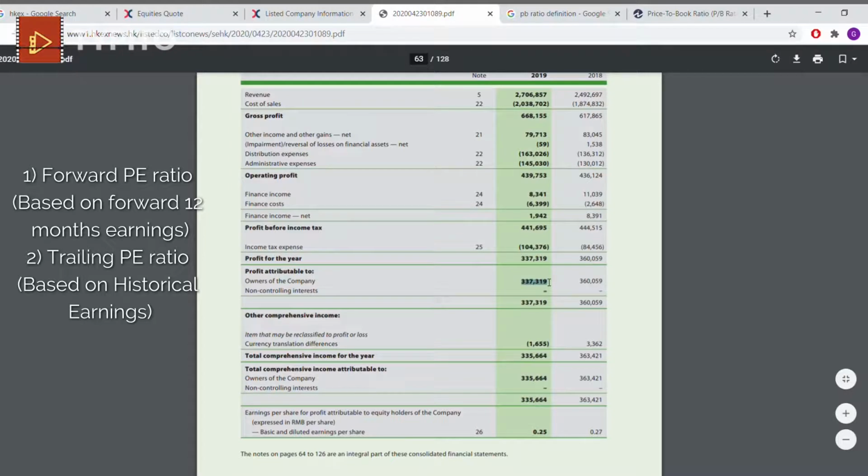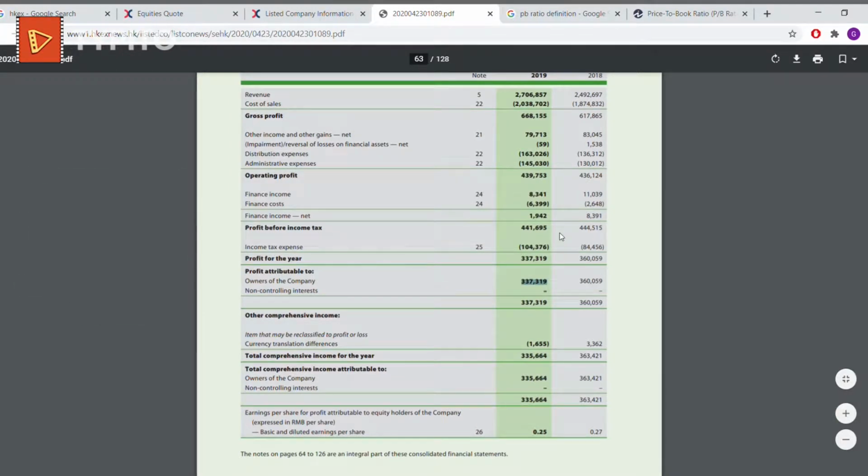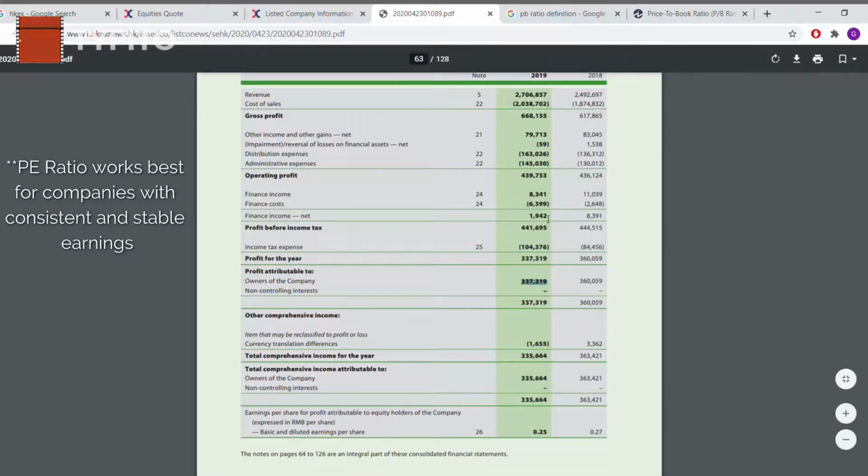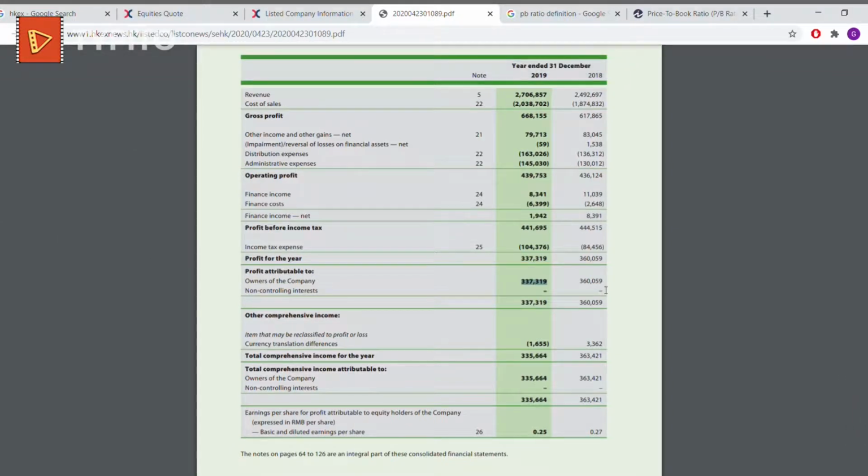One thing I would like to highlight about the PE ratio is that it will only work for companies that demonstrate consistent earnings. In this case, it actually works because the earnings are rather consistent year over year. For some companies, you may have to make adjustments to the profit attributable to owners of the company figure, because there may be one-off items for that particular year.